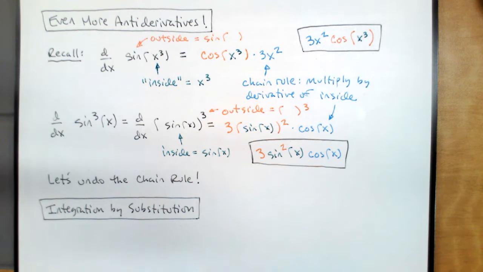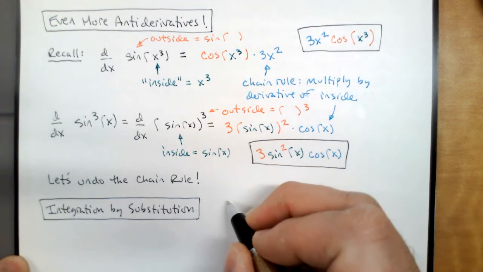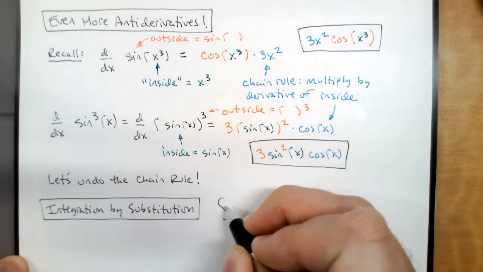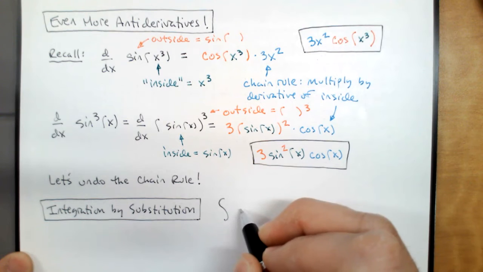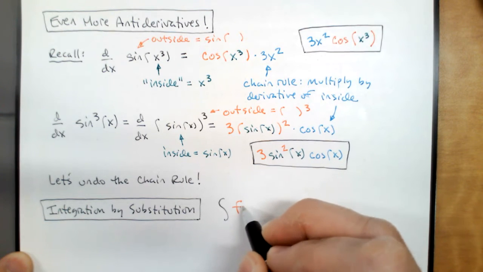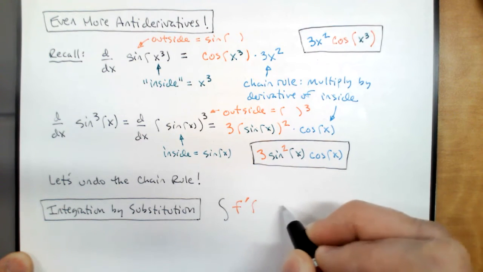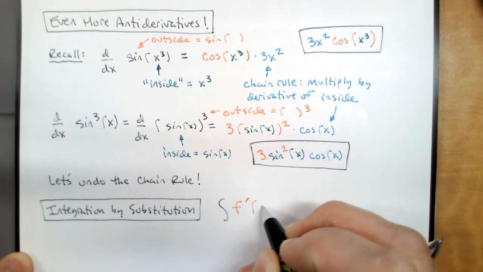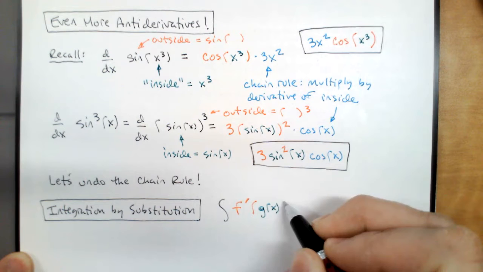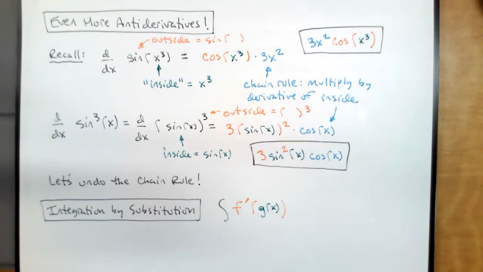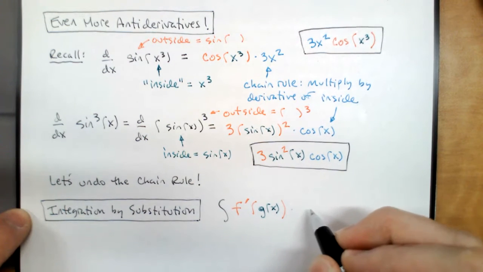Here's what substitution looks like in general. We have the integral of a composition of functions. There's an outside function. There's an inside function. And then as a factor, we are also going to need to see the derivative of the inside. So I'm going to need the derivative of the inside to show up as a factor.